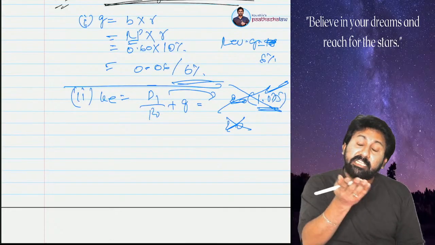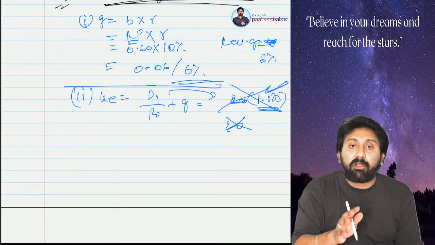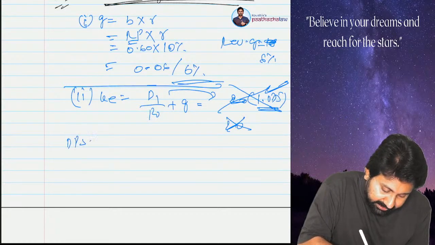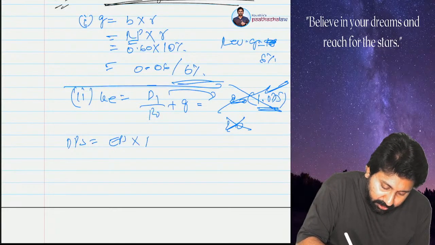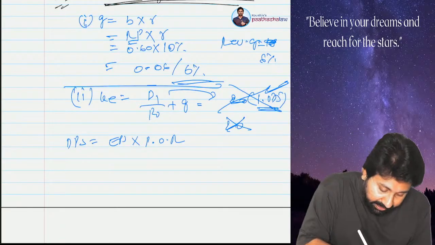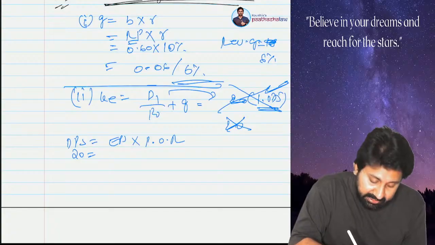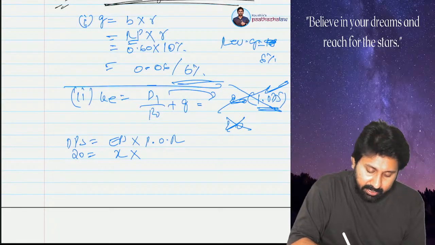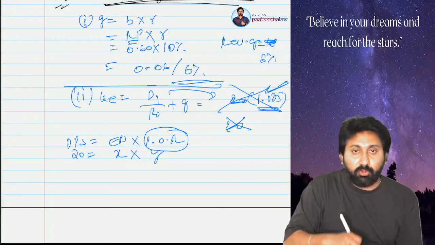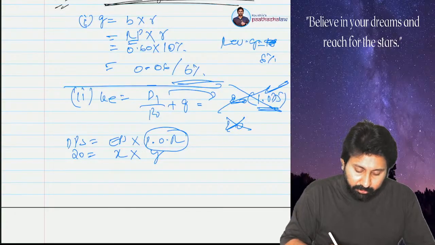DPS is always EPS into payout ratio. Previously my DPS is 20, which depends on some EPS and some payout ratio. This payout ratio I wanted to know.